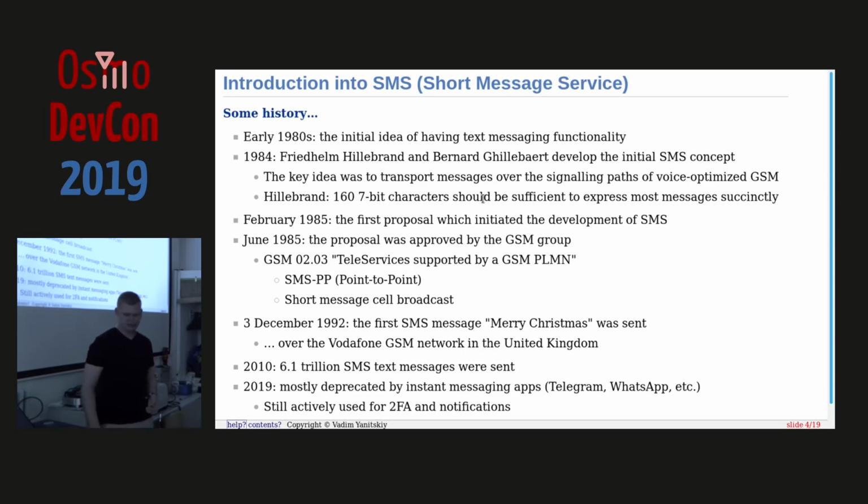So in February 1985, the first proposal of SMS was accepted and approved by the GSM Group. And in GSM 03.40, two types of SMS were specified, SMS point-to-point and SMS cell broadcast. And in December 1992, the first SMS message with the text "Merry Christmas" was sent.